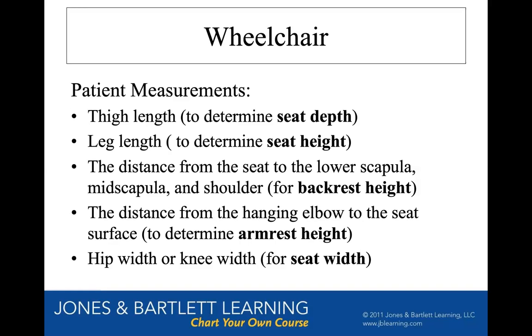You need to know the distance from the seat to the scapula, because that'll be how high your backrest needs to go. You need to measure for your armrest, and you need to measure for the width of the seat too.